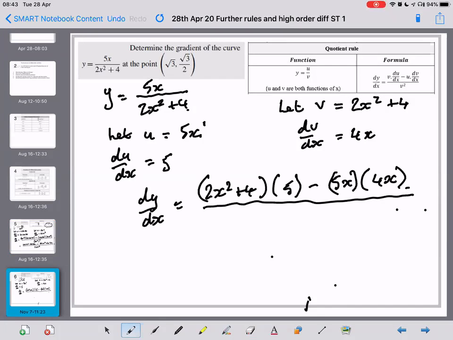V is 2x squared plus 4, all squared. Everybody happy? Follow that so far?